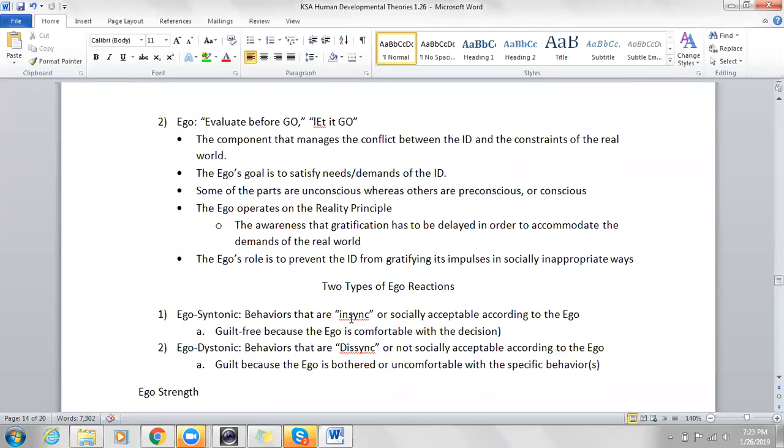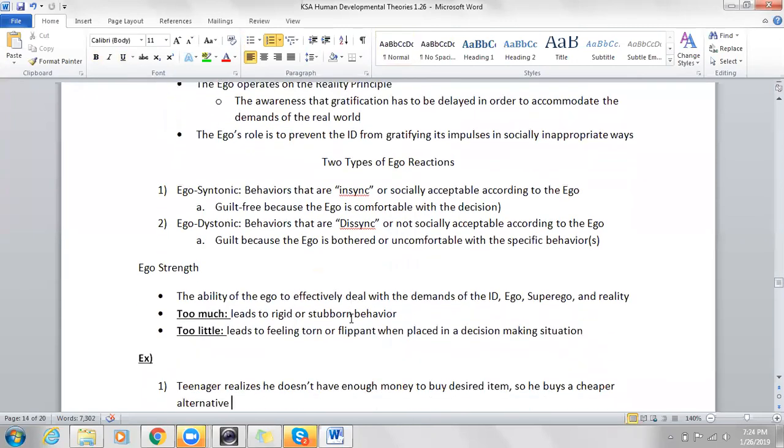Okay? Guilt-free because the ego is comfortable with the decision. Egodystonic is dis-in-sync, meaning it's out of sync with what you would normally expect. So it's not socially acceptable according to the ego. There's guilt because the ego is bothered by it.